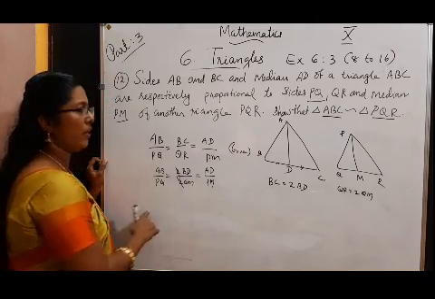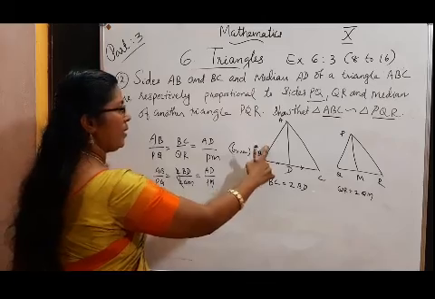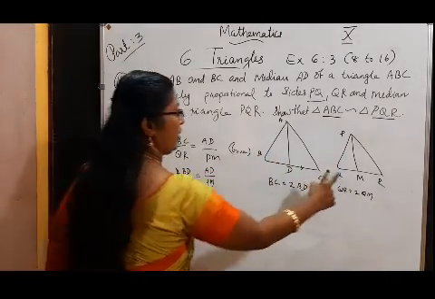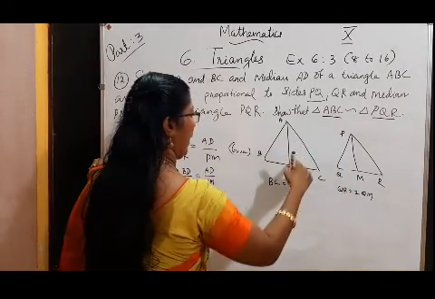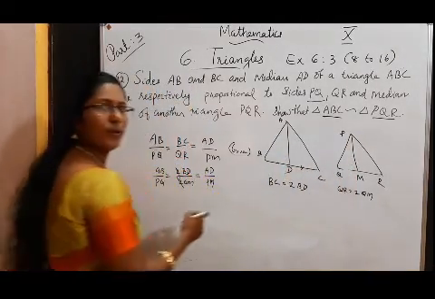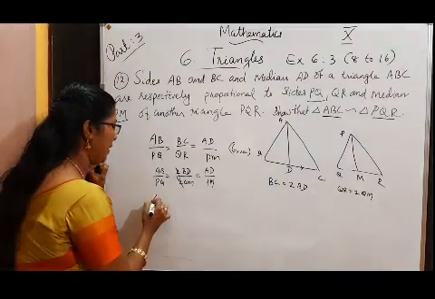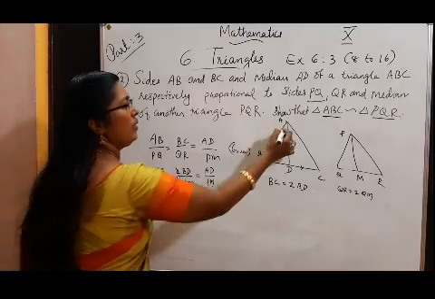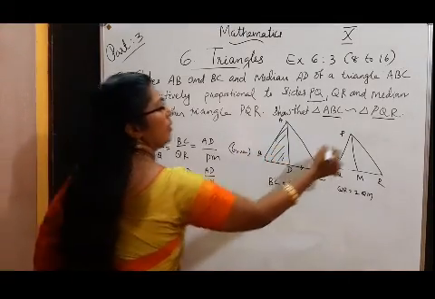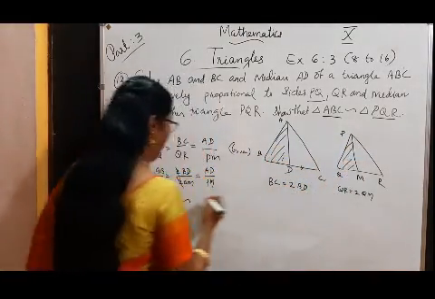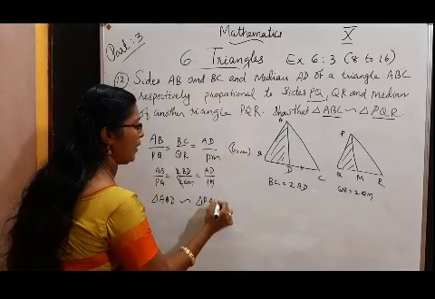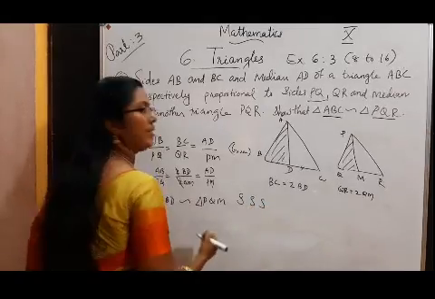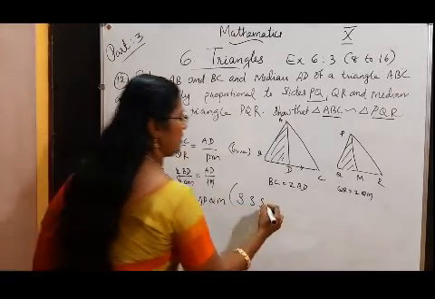Therefore we can write triangle ABD is similar to triangle PQM, by the SSS similarity criterion.